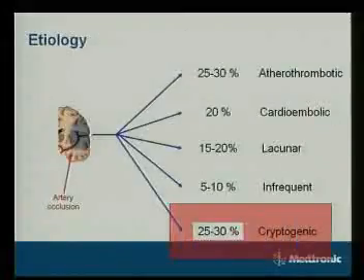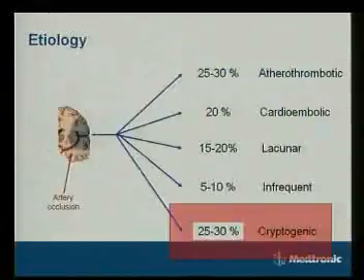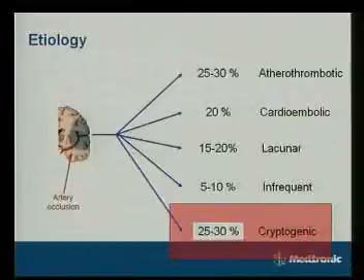What we are focusing on at this time is patients with cryptogenic stroke. That means these patients had a stroke, and the physicians, although they looked very carefully, could not find out the reason why the patient had a stroke. That is about 25 to 30% of all the patients that have a stroke.